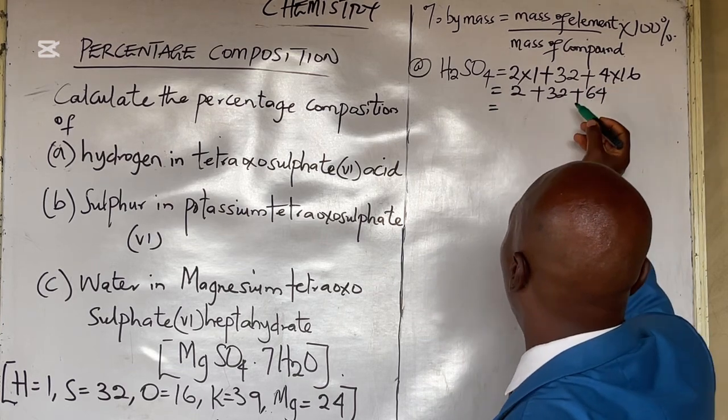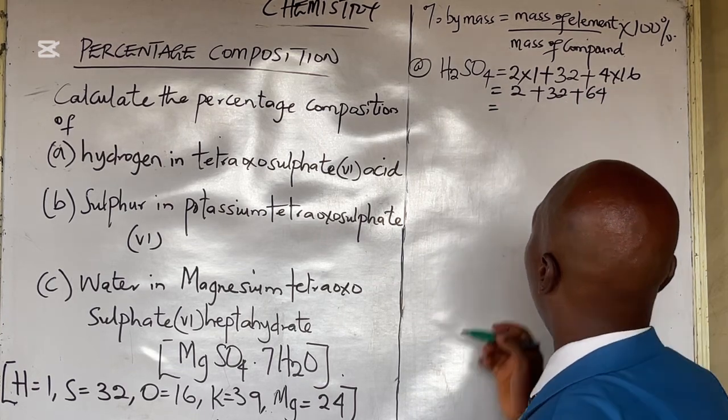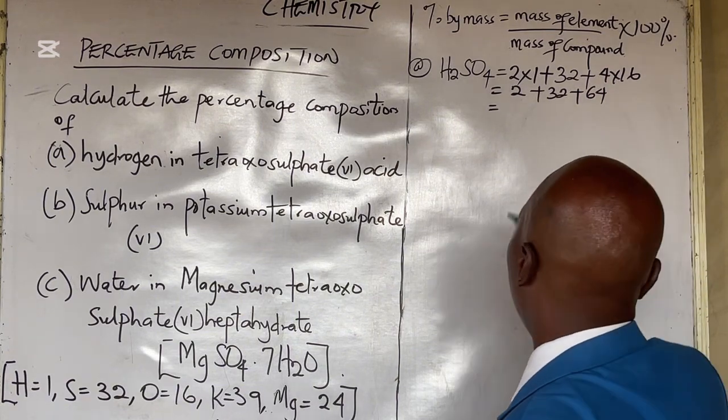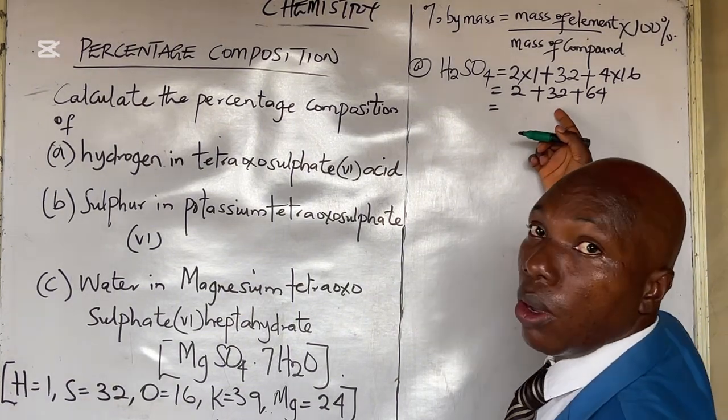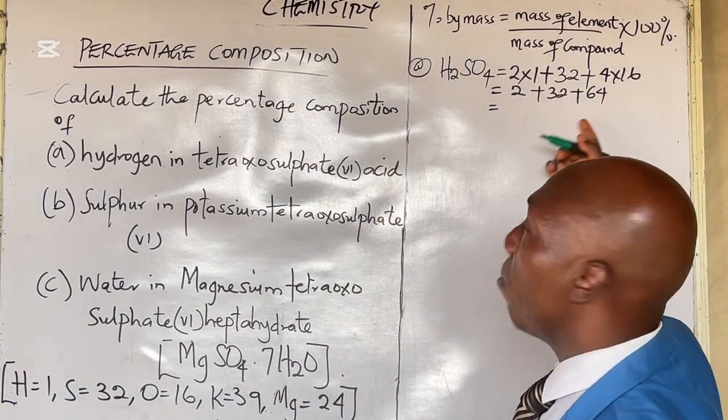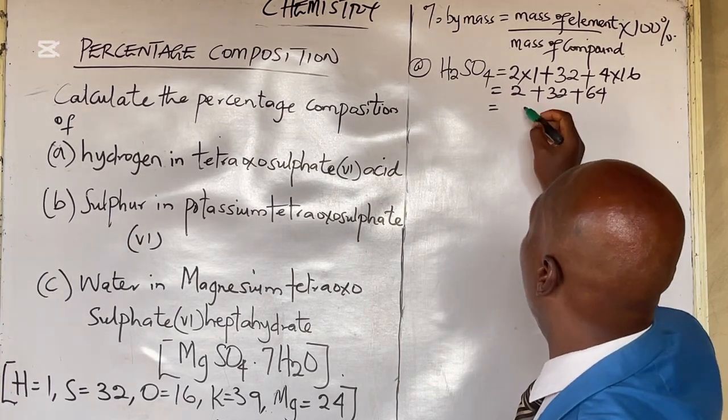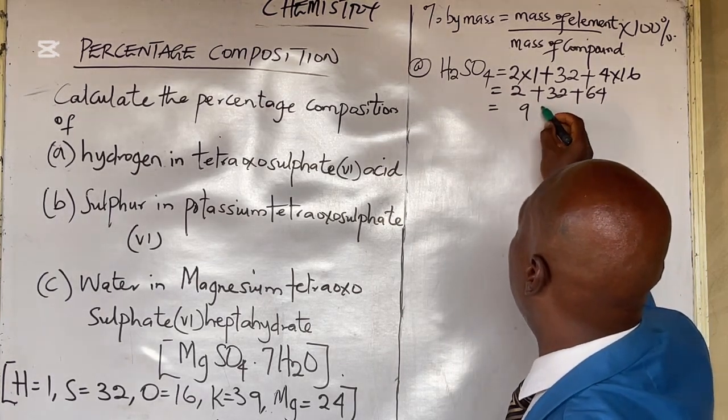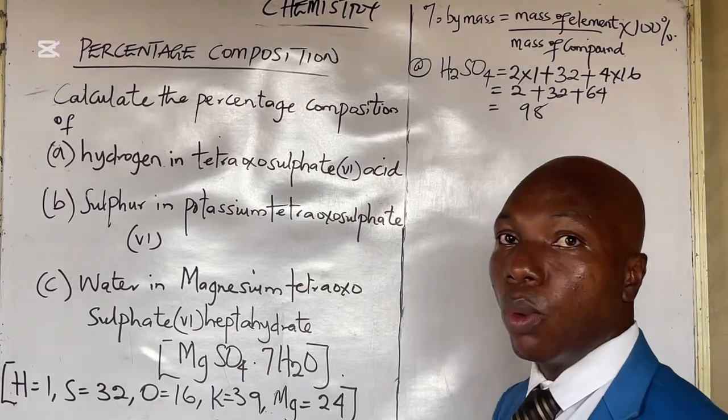If we add this very well, 2 plus 32 is 34, and 34 plus 64 is 98. That's 98 gram per mole.